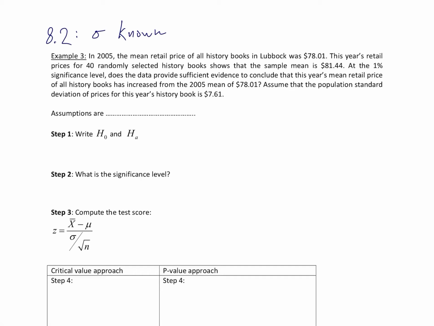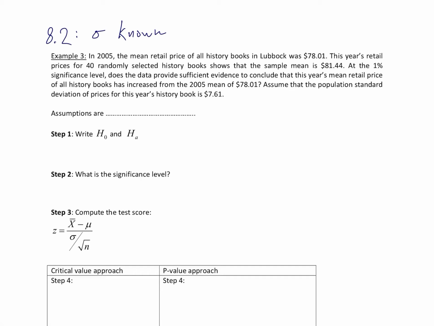So notice that this is a few dollars more than the old mean, and we sampled just 40 randomly selected history books. So you can imagine things this way if you'd like. It's pretty unlikely that you would happen to choose, if you're just picking at random, 40 expensive books, right?